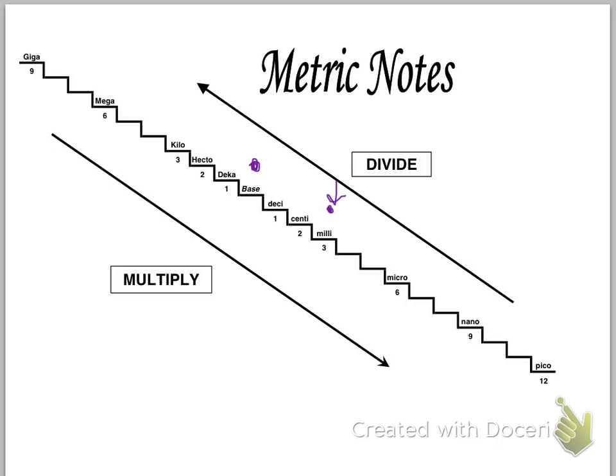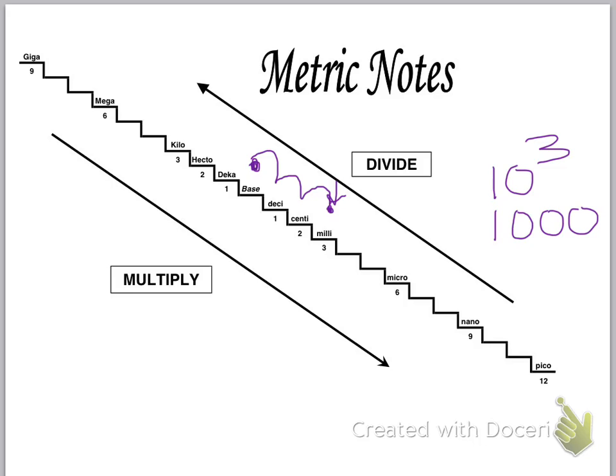So we're starting at the base unit, going down to milli. We go down 1, 2, 3 steps to get there. That means 10 to the third. The 3 tells you how many zeros you have, by the way. So 10 to the third is 1 with 3 zeros, that's 1,000.